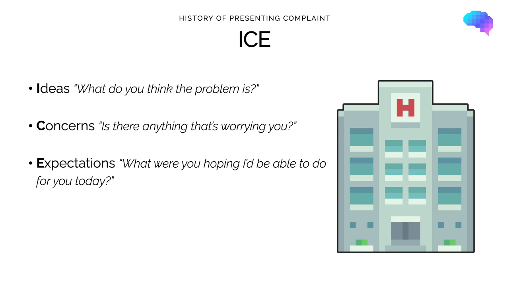It can be challenging to use the ICE structure in a way which sounds natural. However, this will improve as you practice and build upon your history taking skills. There are some examples here of how you can establish the patient's ideas, concerns, and expectations. Regarding ideas, it can be useful to ask the patient, "What do you think the problem is?"